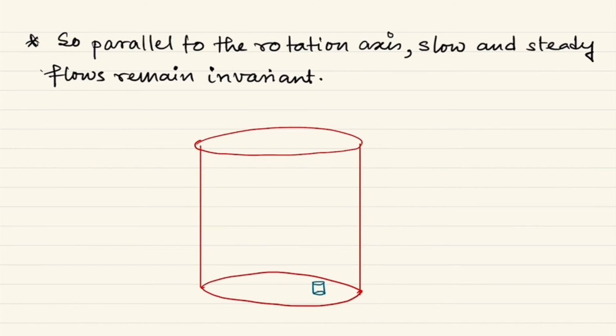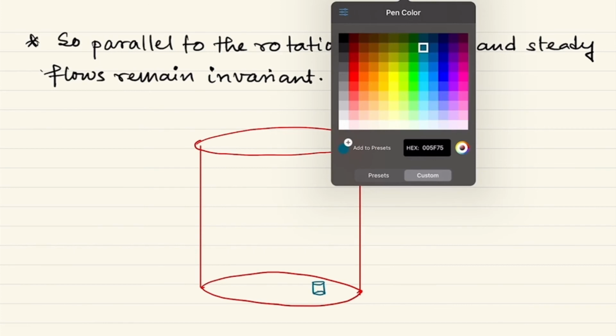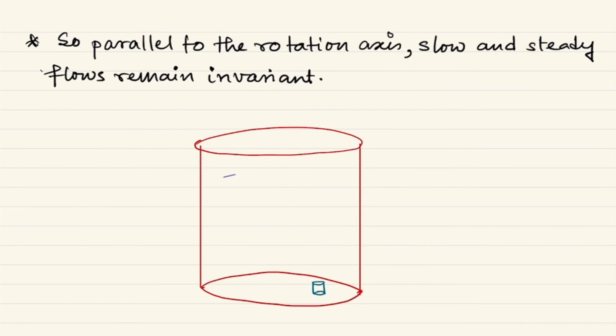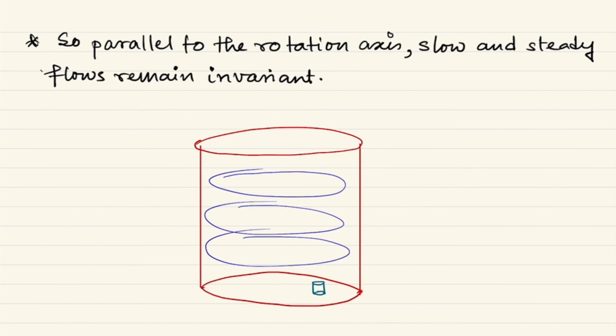Now the fluid is steadily developing, so there is no problem, everything is steady. So the fluid is just moving like a solid body with respect to this direction, and this is the axis of the rotation. Everything is rotating with the same angular speed.